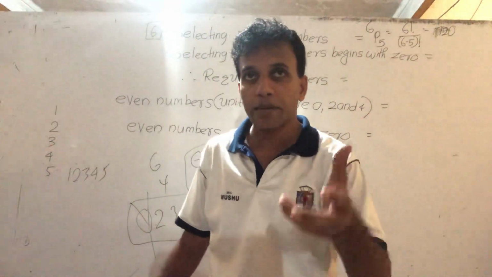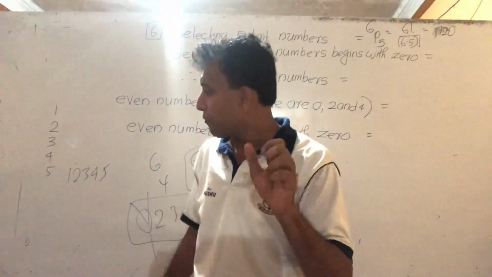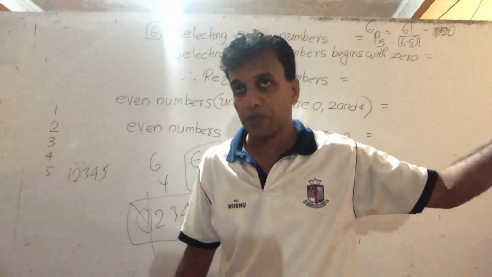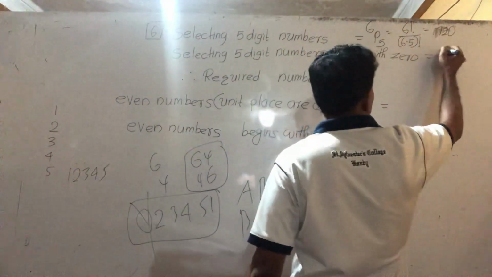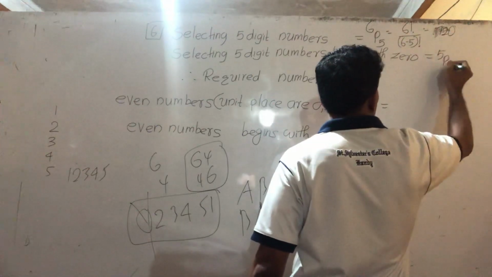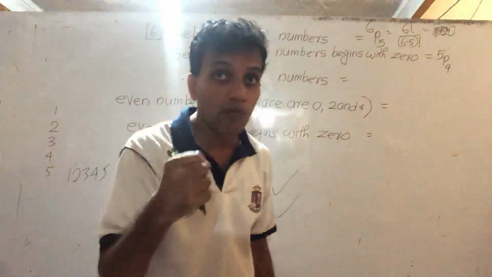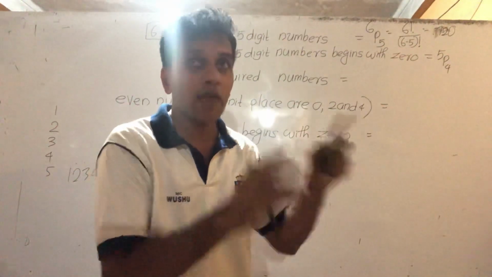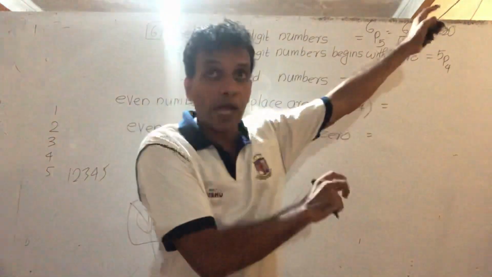I hope you understand what I am saying. There are 5 numbers here. From these 5 numbers we need 4, because 0 is already available. Therefore this part is 5P4. From 5 numbers, we need 4. Why do we need 4? Totally 5 digits, and 0 is already available. 0 is waiting: everybody come, I am in front, I am first.